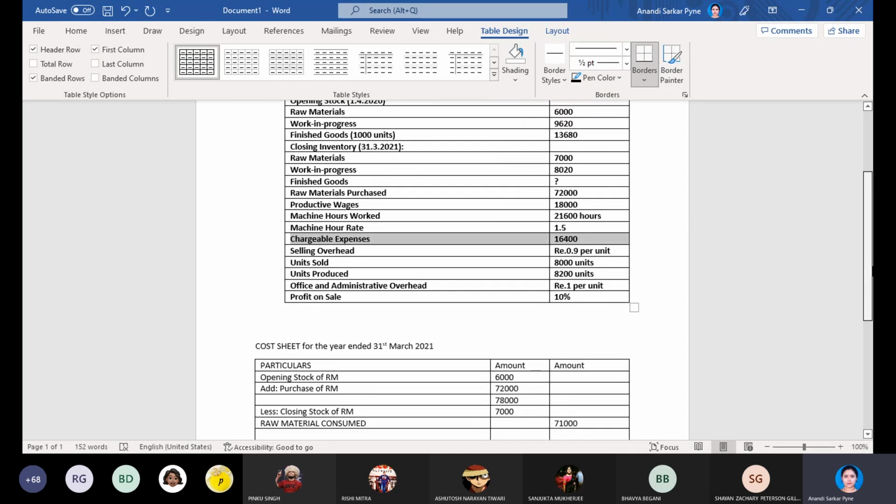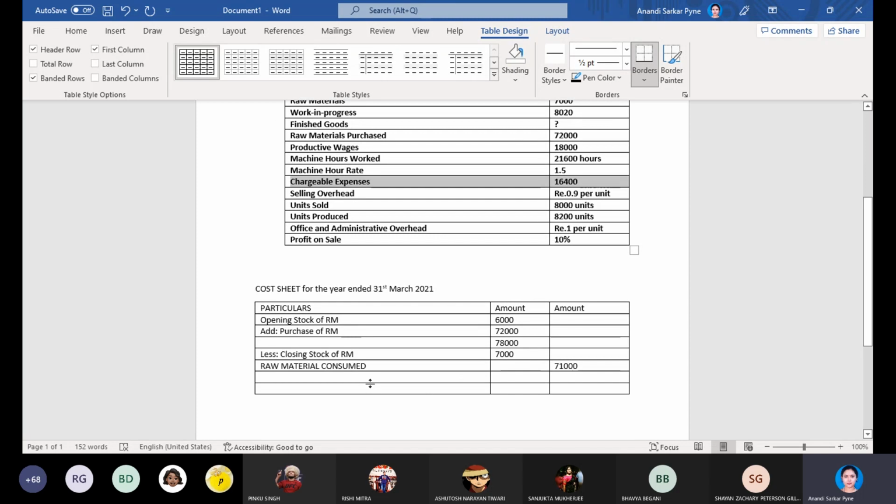To find out prime cost, we will be adding all the direct costs. We have added the raw material consumed, we'll be adding productive wages, which is 18,000, and chargeable expenses, 16,400.